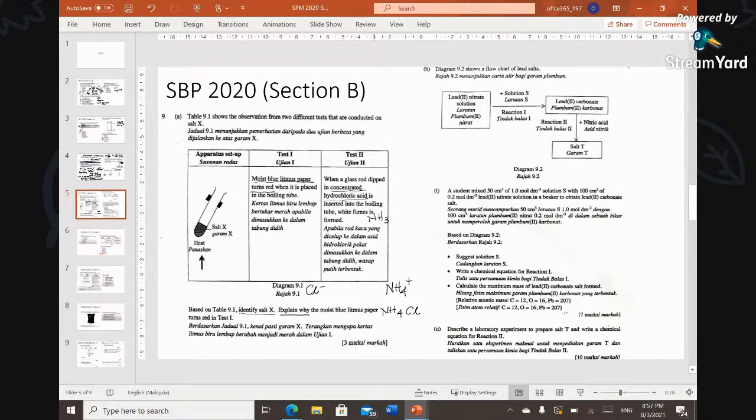Okay, so when you heat up, the hydrogen chloride molecules ionize in water to form hydrogen ion.